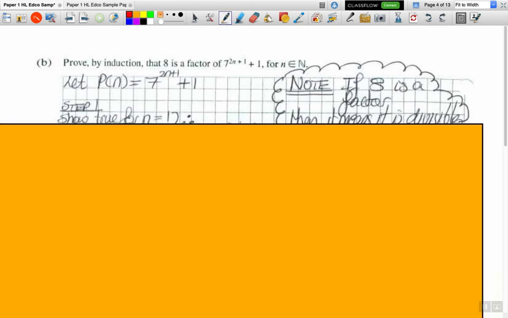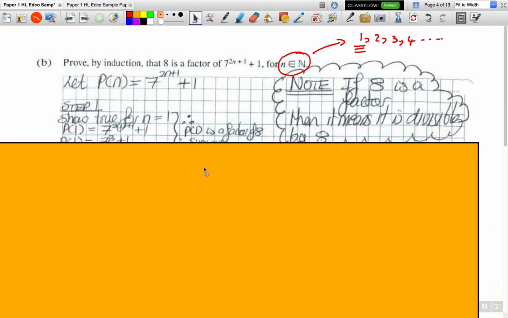n belongs to the set of natural numbers, so according to the formula book that makes reference to numbers which are going to be 1, 2, 3, 4 going on forever. So the lowest value of n that we're using for this question is n equals 1. Using proof by induction, we have to show it's true for n equals 1.